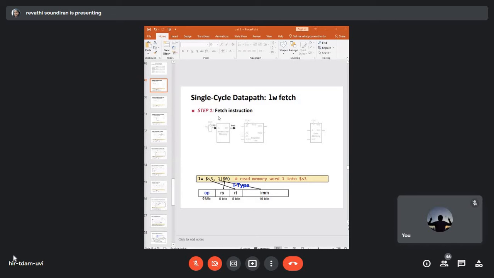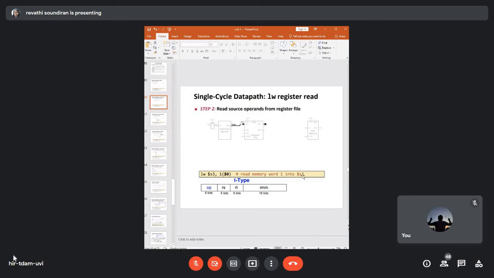As you see, the instruction is fetched in the first phase. Next you read the source operands from the register file.